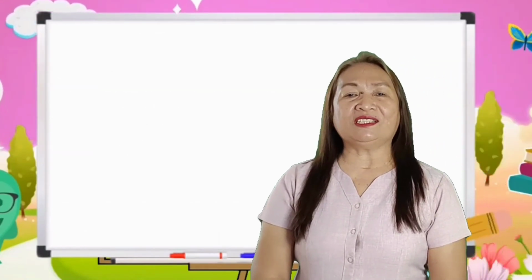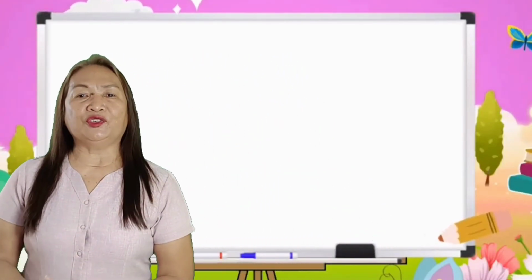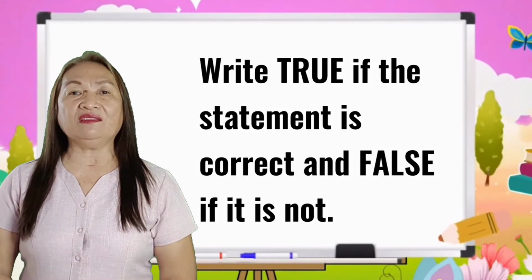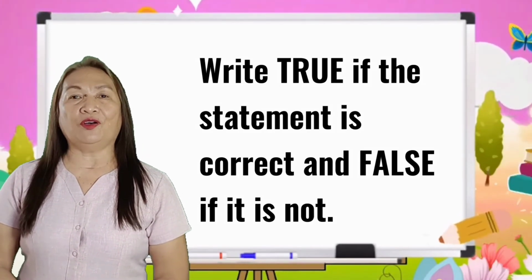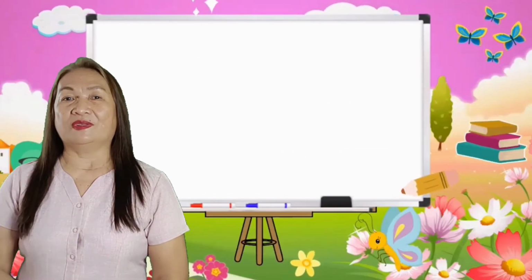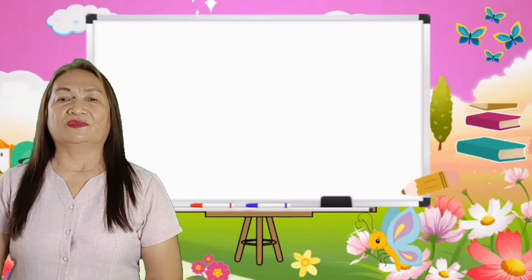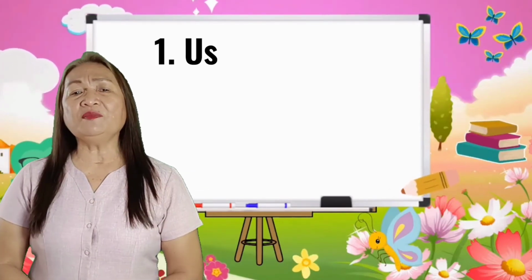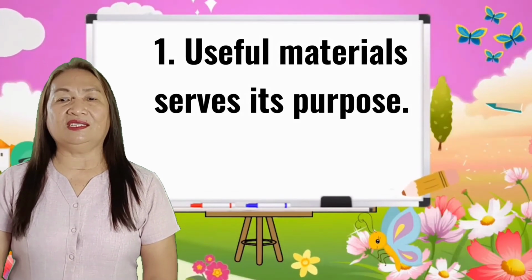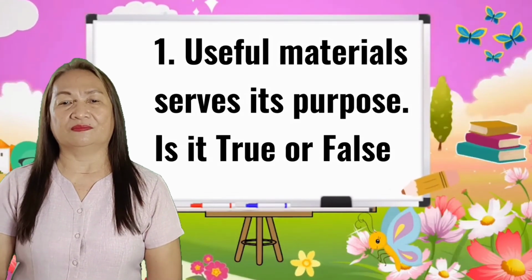Few more minutes and we're good to go. Let us check what you have learned in today's topic. Get your notes and pens and write true if the statement is correct and false if it is not. Are you ready? Let's start. Number 1. Useful material serves its purpose. Is it true or false? Number 2.